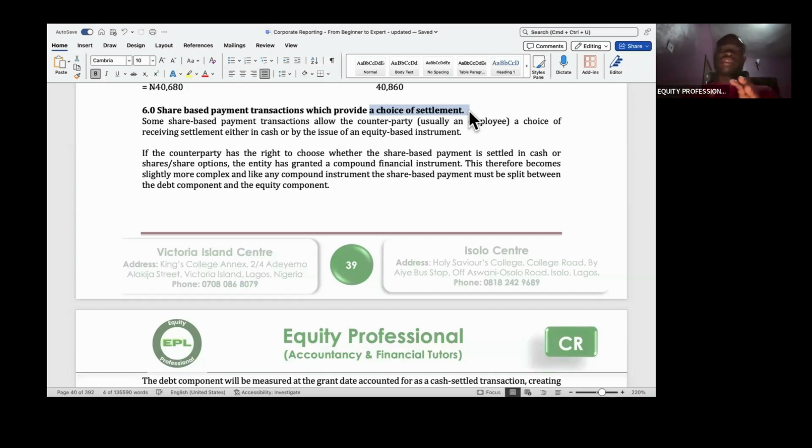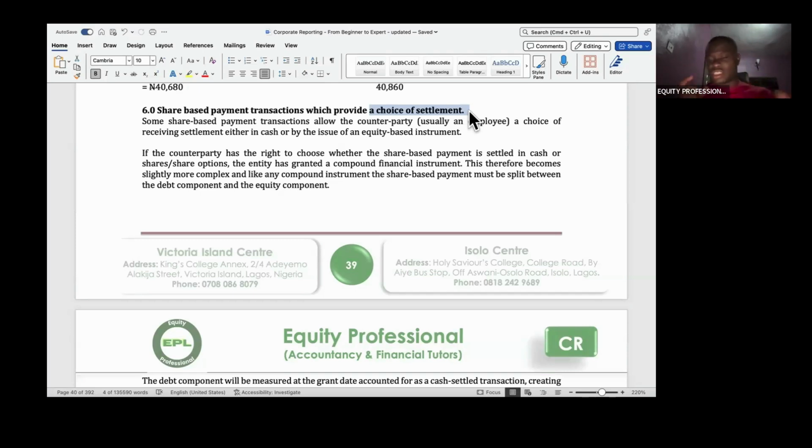So as soon as you're able to split, then at the end of each year, you then apply the knowledge that you already have. So the one that is debt, which is cash settled, you'll be measuring it at the end of every year based on the fair value of the shares or the rights at that year end. While the one that is equity settled, we're going to measure that based on the fair value of the option at the grant date, meaning that value will not change.